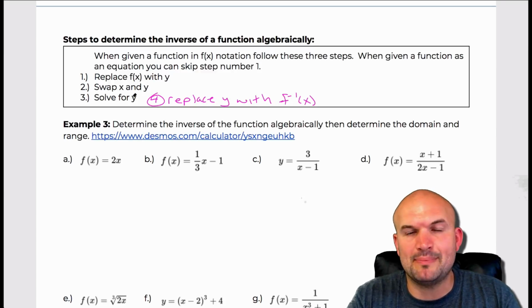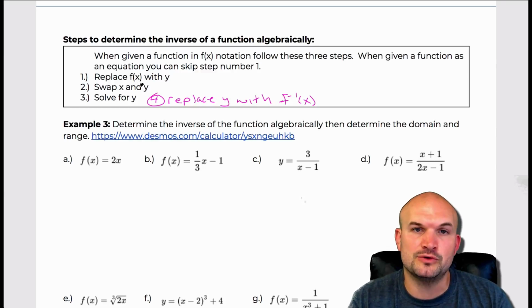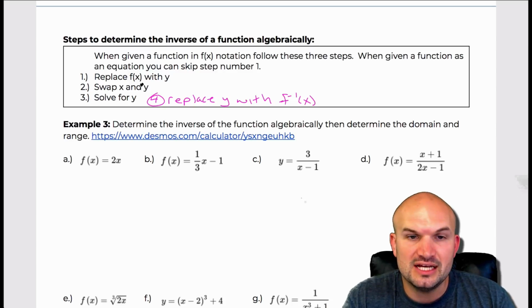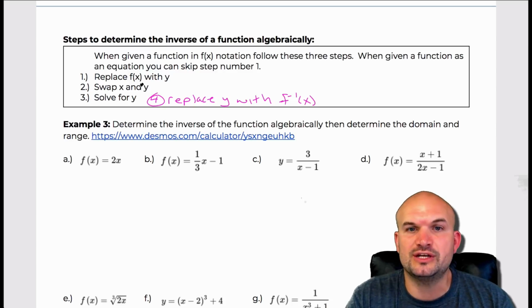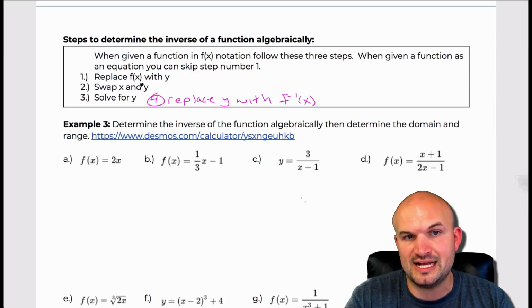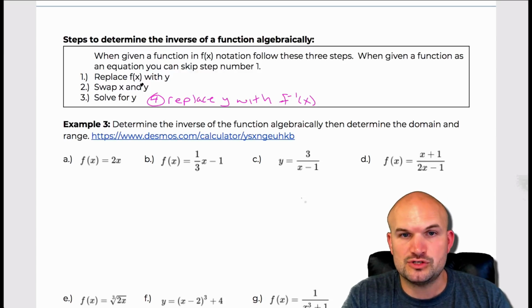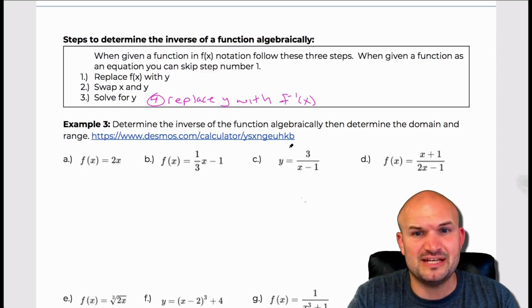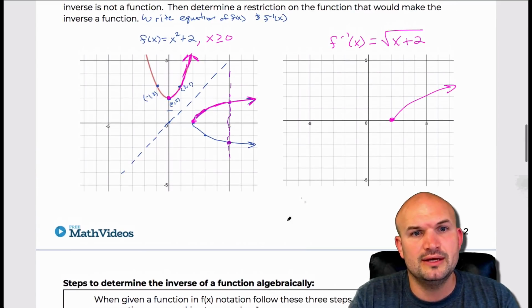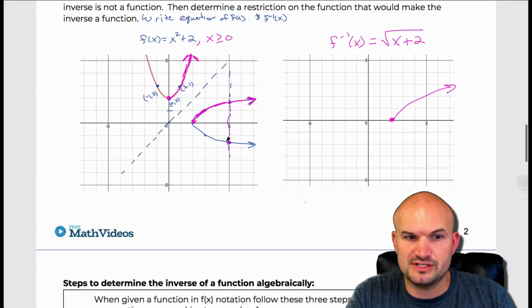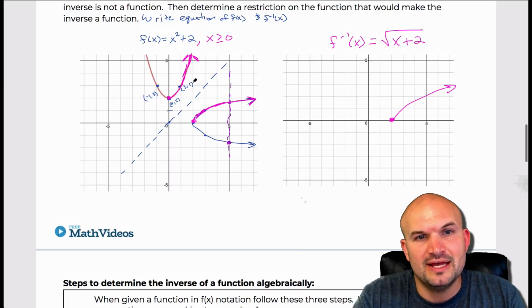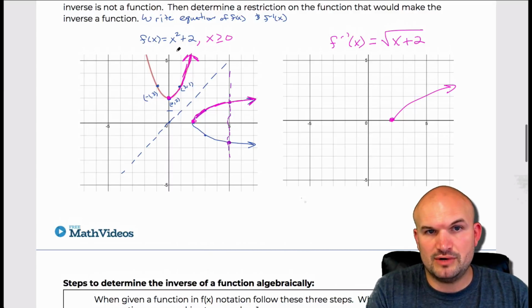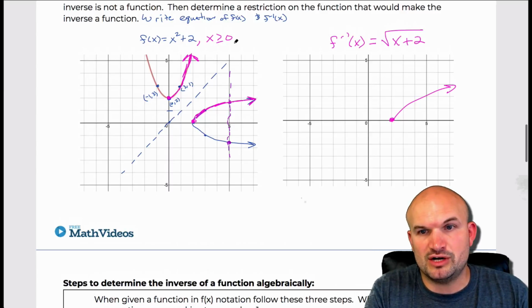Now, again, this swapping x and y all ties back into example number 1, as far as looking at the graph and its function and looking at how those points are swapped, as well as understanding the domain and the range and how those are swapped. Which actually I didn't mention, so let's look at that real quick. If you look at this pink graph, going back to our example 2, the domain of this function is x is greater than 0.